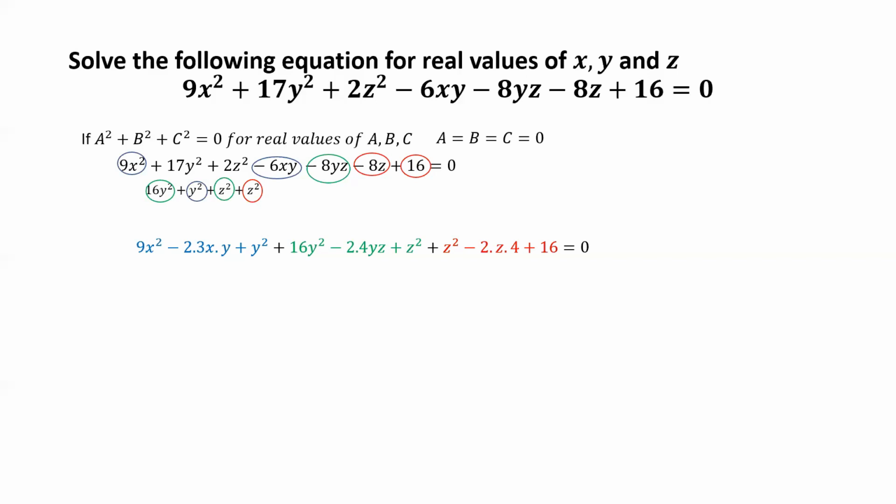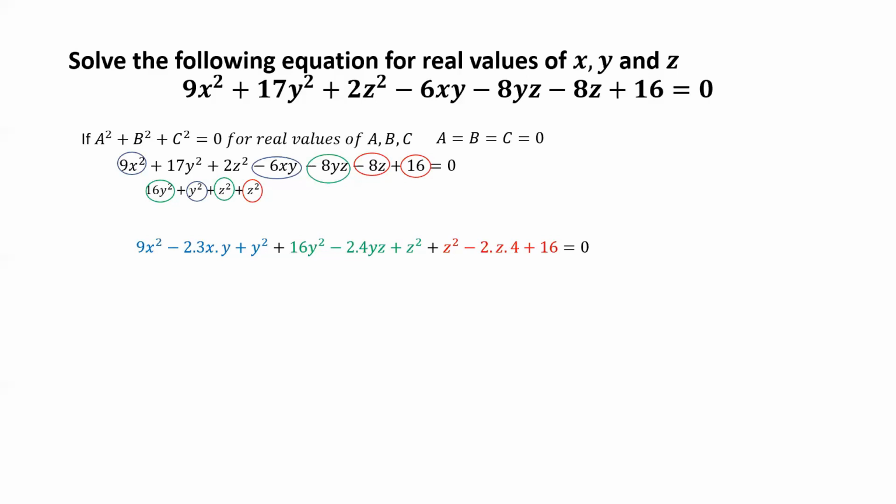Then the other set is 16y squared minus 8yz, which we can break down as 2 multiplied by 4y multiplied by z, plus z squared. And then the last grouping, in red, involves z squared minus 8z, which we broke down as 2 multiplied by z multiplied by 4, plus 16.